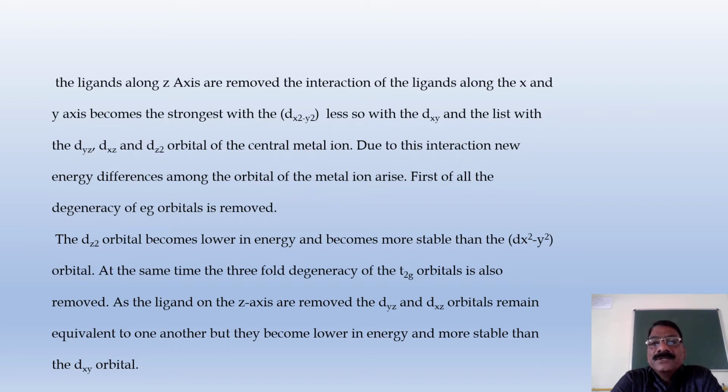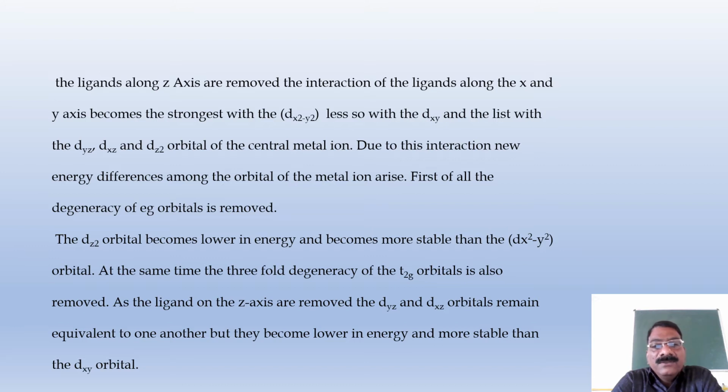Due to this interaction, new energy differences among the orbitals of the metal ion arise. First of all, the degeneracy of the Eg orbitals is removed. The dz square orbital becomes lower in energy and more stable than the dx square minus y square orbital. At the same time, the threefold degeneracy of the T2g orbitals is also removed.